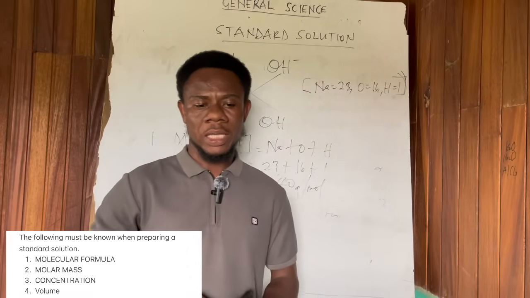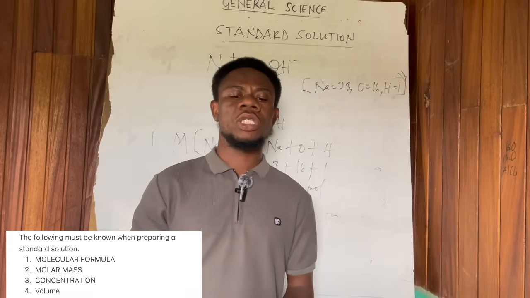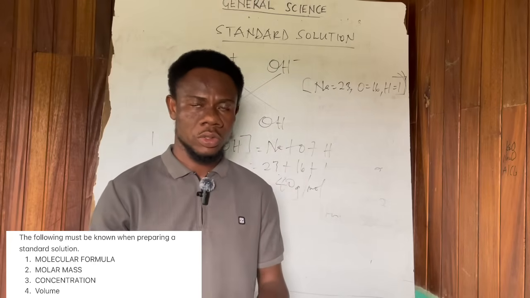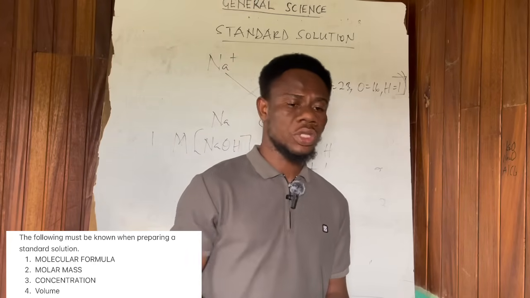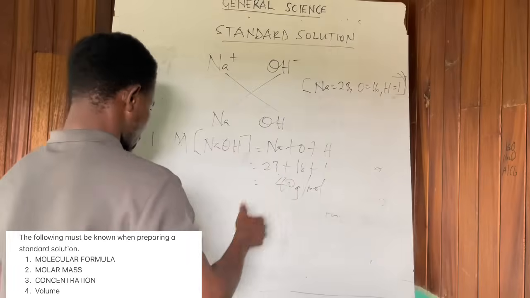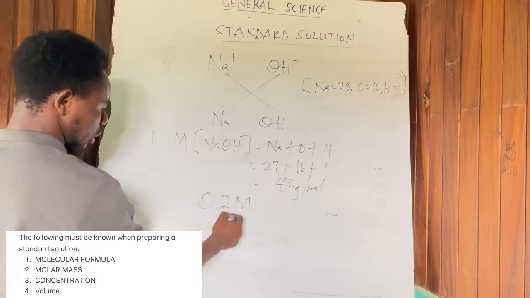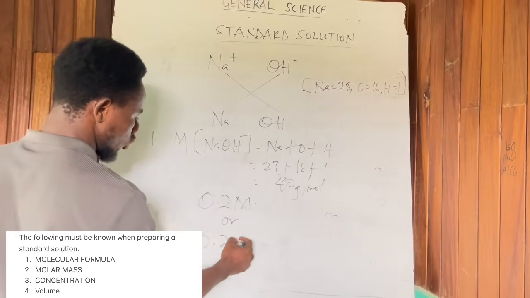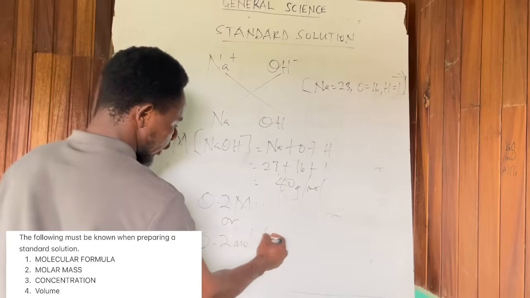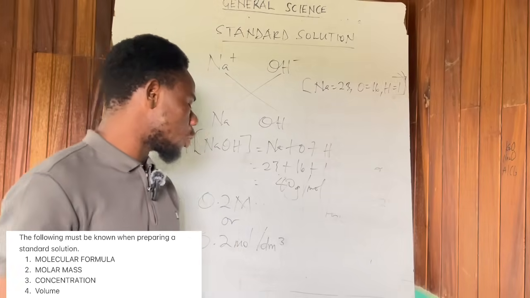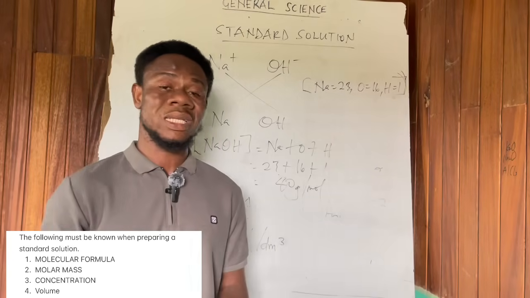As the molar mass. Then the concentration of the solution required. You have to know the concentration, which means we will give you the concentration. You can get it as 0.2 molar, which is the same as 0.2 mole per dm cube. Please, this is just an example.